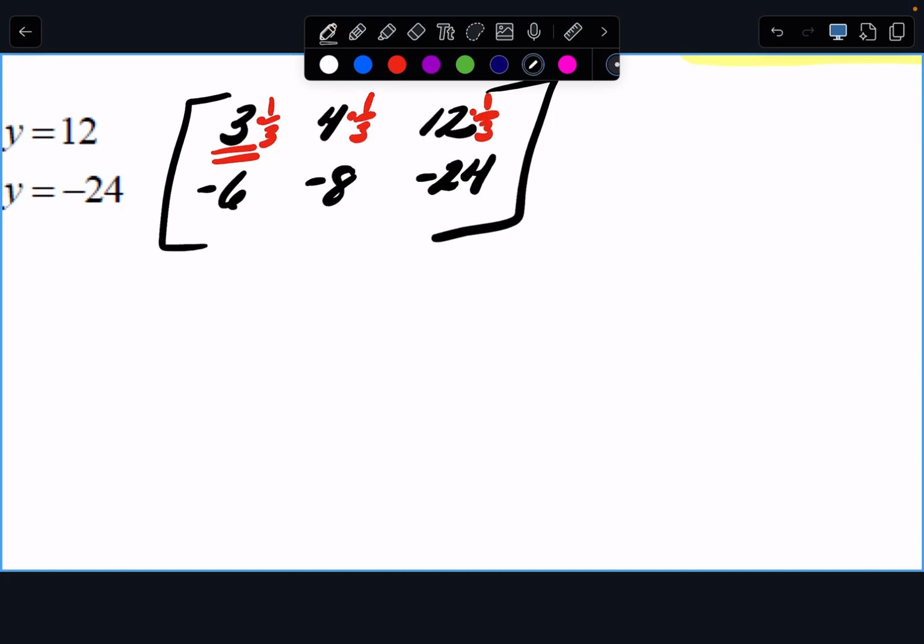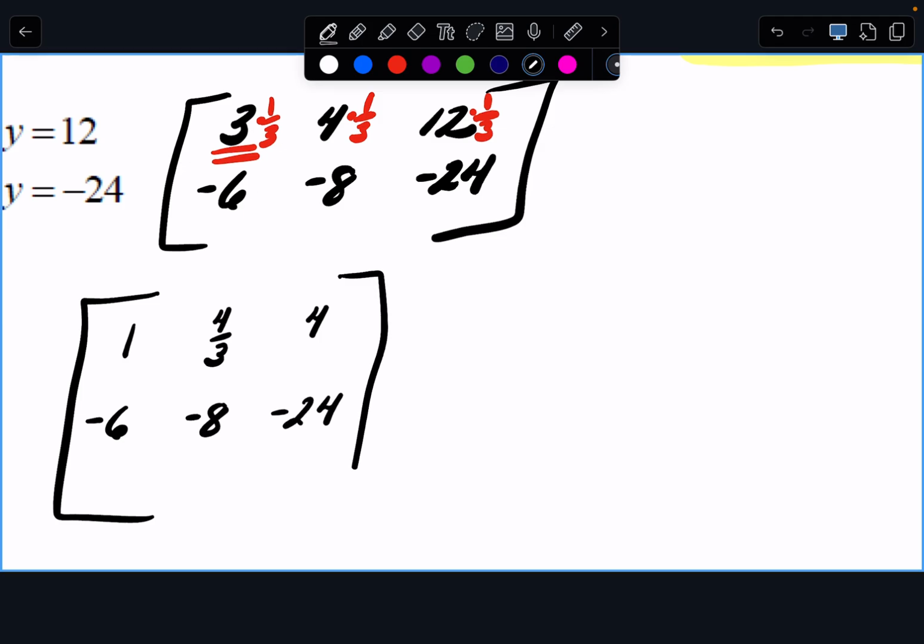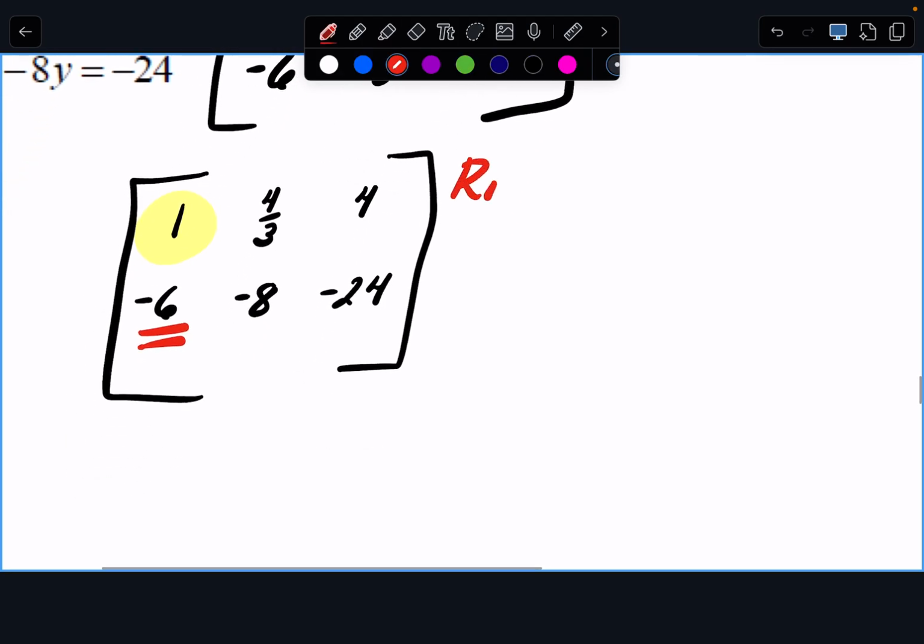Let's write the new matrix. 1, 4/3, 4. Okay, then you're going to say, now that I got a 1 here, I'm going to use it to get the 0 here. So what are we timesing row 1 by?